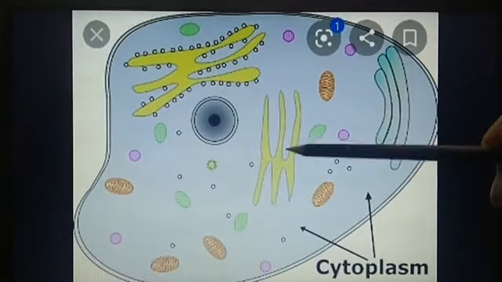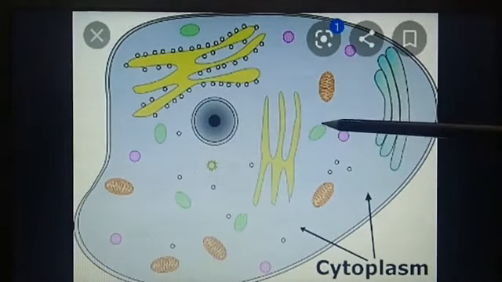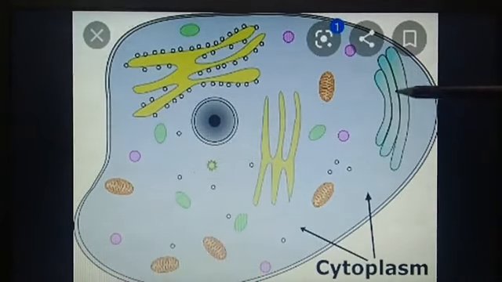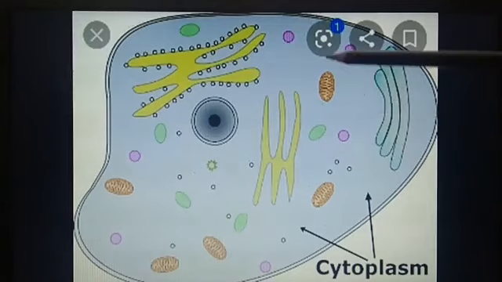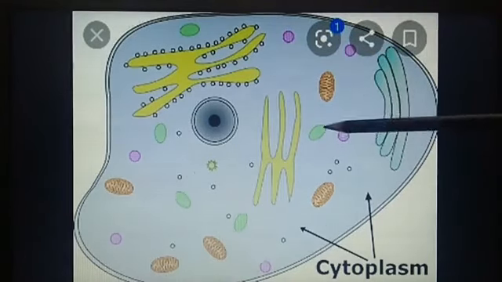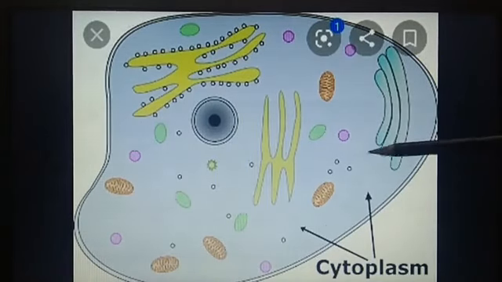Why? Because cytoplasm holds the internal components, known as cell organelles, in place and protects them from damage, and produces many substances such as enzymes, hormones and protein.